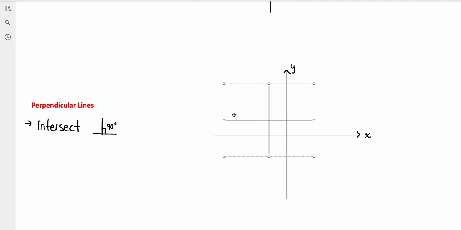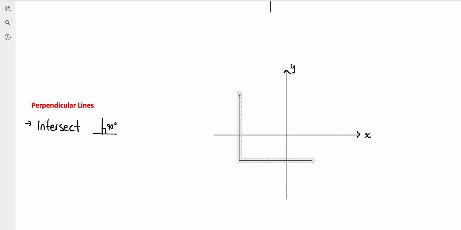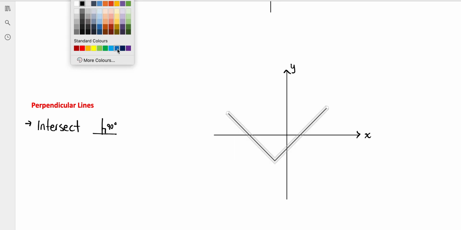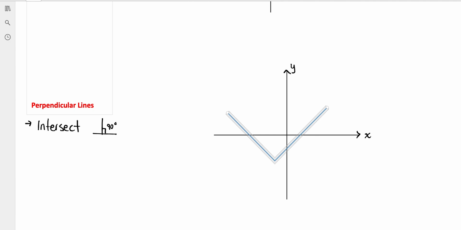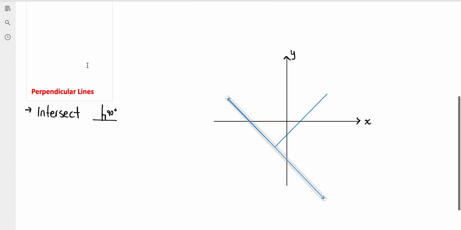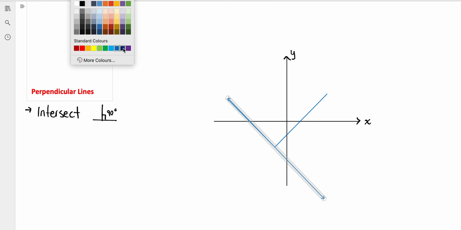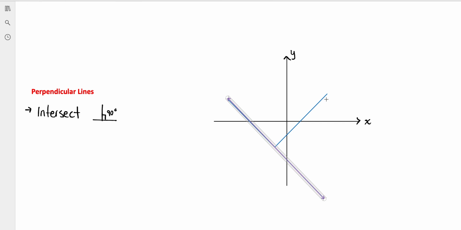No, I can't. So what I'm going to do is I'm going to create, but I want to rotate it here. There we go. And this one I'm going to put a different color. Let's put this blue. So if I draw a line following this one, I just wanted to make very sure that I had the 90 degrees. There we go.